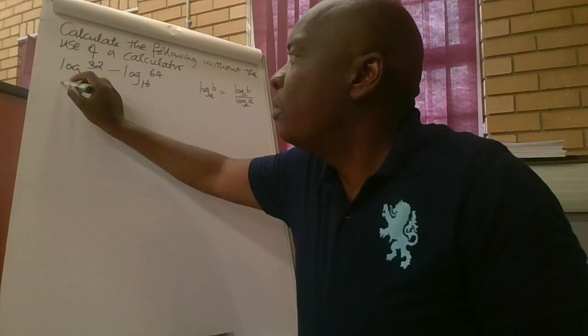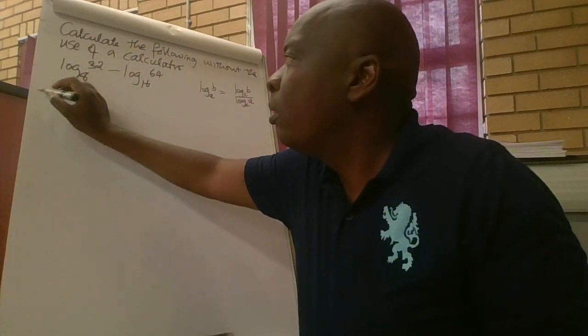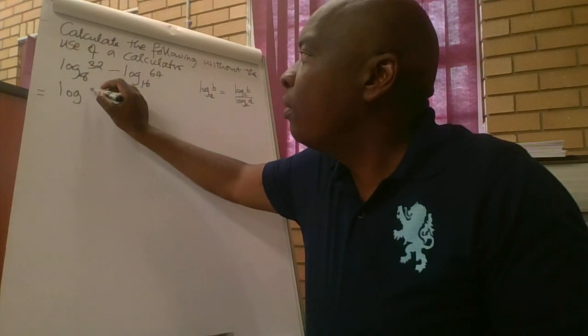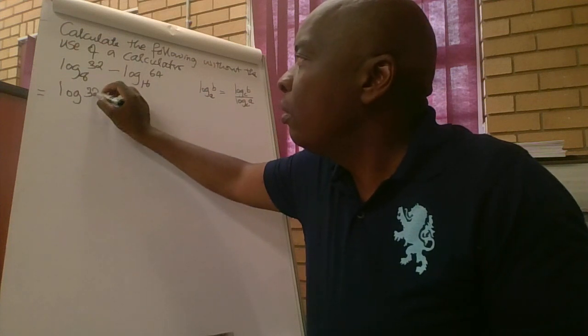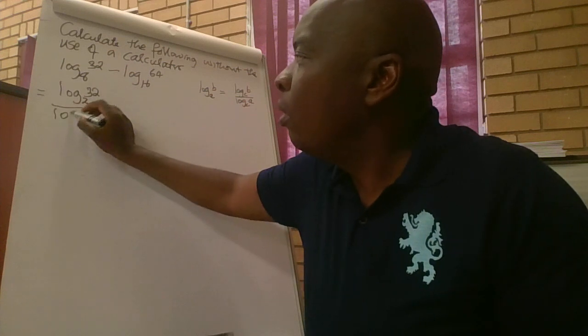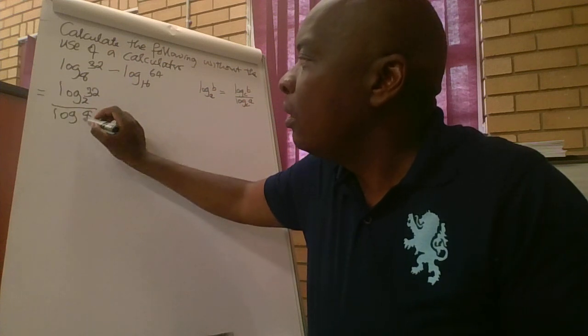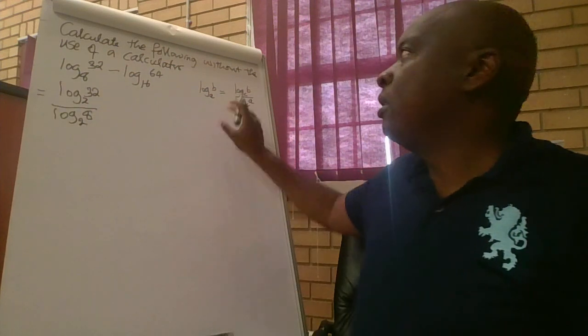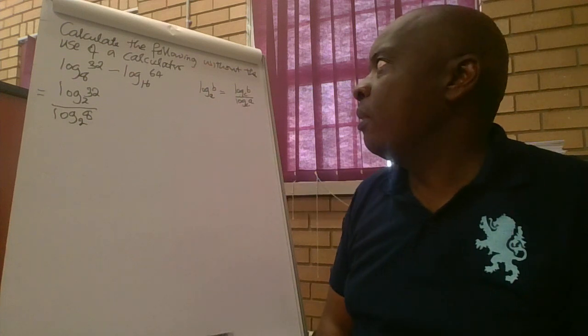So this becomes the log of 32 to base 2 over log 8 to base 2, according to the law of logarithm there.